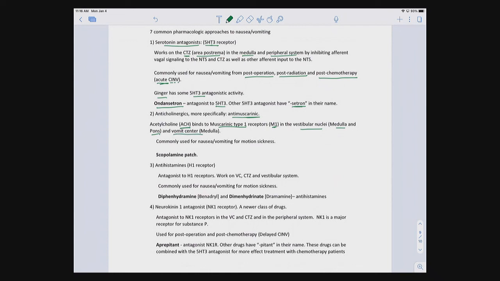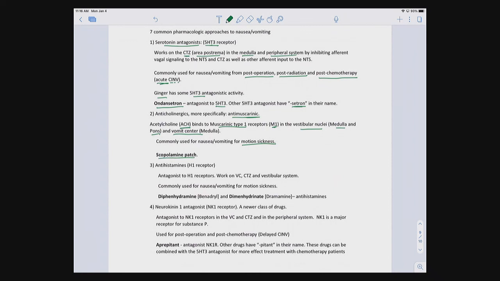And you would guess that when we're talking about nausea and vomiting having to do with motion sickness, the vestibular system is involved, so it would not surprise you that drugs that fall in this category are fairly effective in nausea, vomiting issues associated with motion sickness. So a common drug for that, one would use a scopolamine patch.